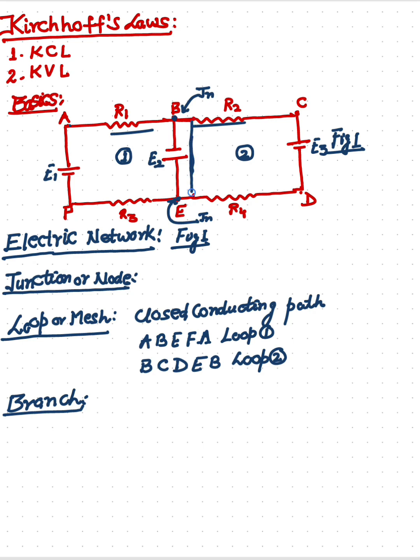This BE is a branch, joined between the two junctions B and E. Also BAFE is another branch, also connected between junctions B and E. And similarly B, C, D and E is another branch, also connected between the two junctions B and E. Clear?